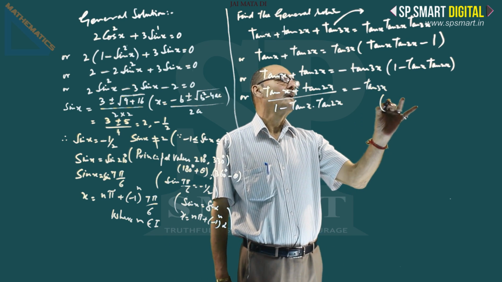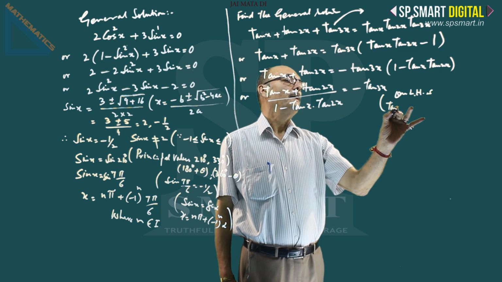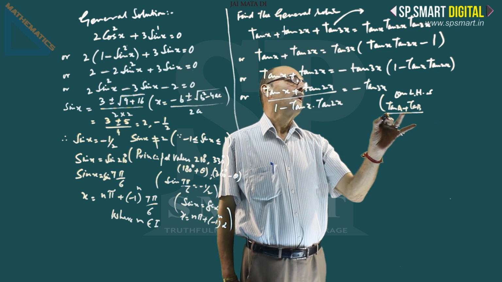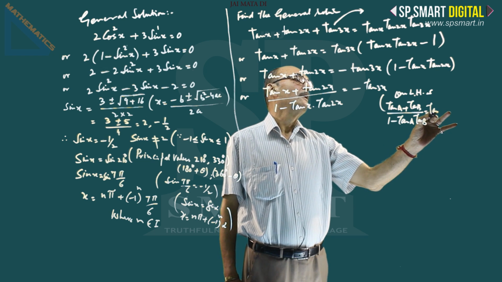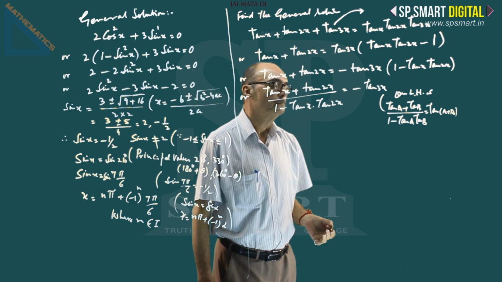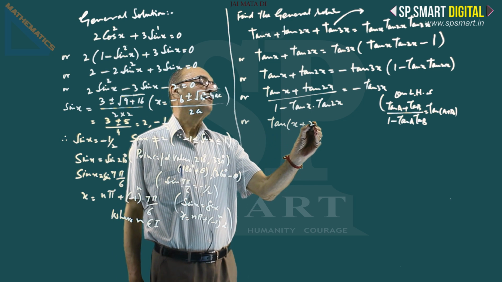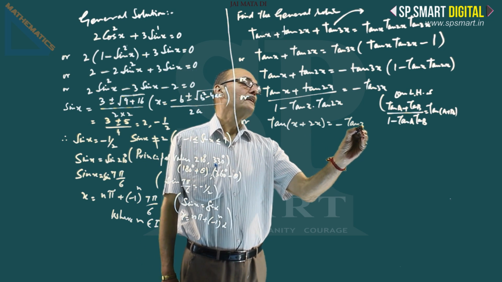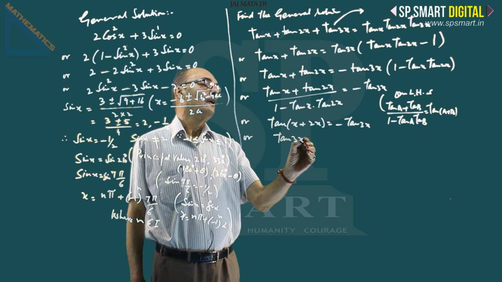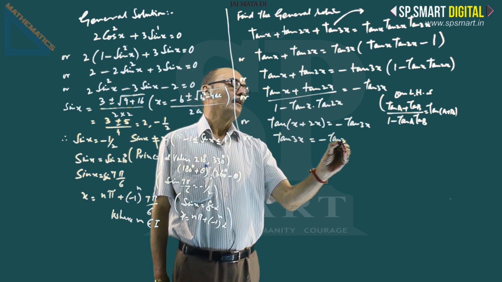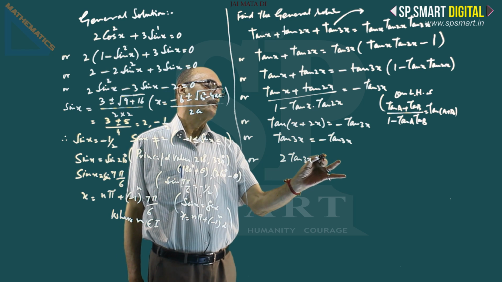So, on left hand side we apply the formula tan of A plus tan of B divided by 1 minus tan A tan of B, which is tan of A plus B. So, this is, tan of A is x, B is 2x, equal to minus tan of 3x, or tan 3x equal to minus tan of 3x, or by transposition twice tan of 3x equal to 0.